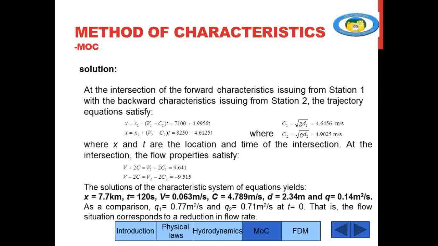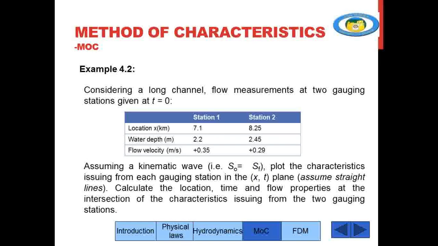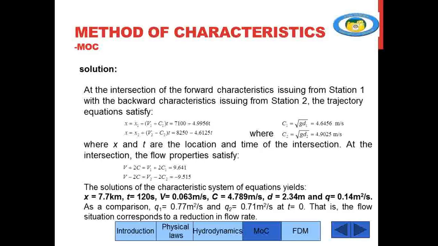So you can just place instead of x1 in terms of meters, which is 7.1 kilometers, in terms of meters is 7,100 meters, plus the celerity C1, which you have found, 4.9956.